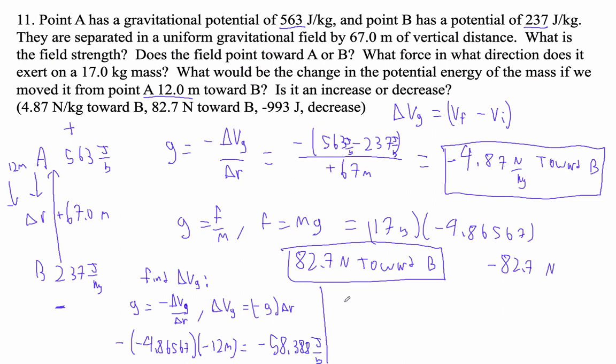And then I'm going to find the change in potential energy, which, by the way, is the same as the work. Okay, so work is mass times change in gravitational potential. So what mass is it? 17 kilogram mass, times negative, our change in potential is this guy.